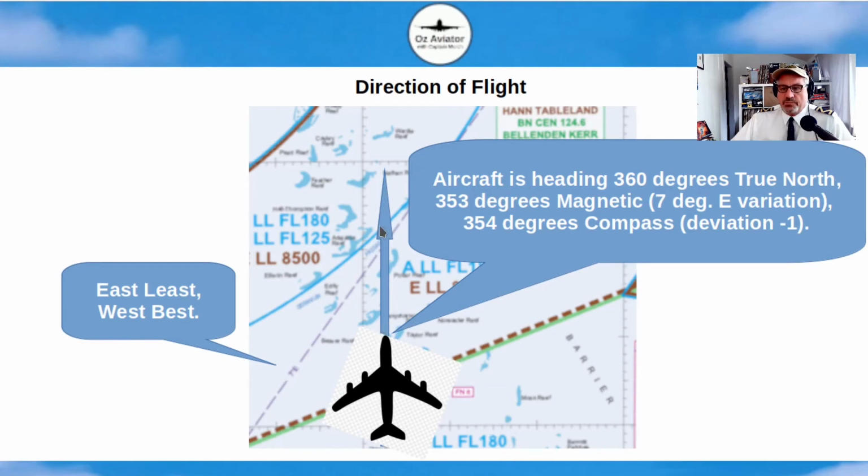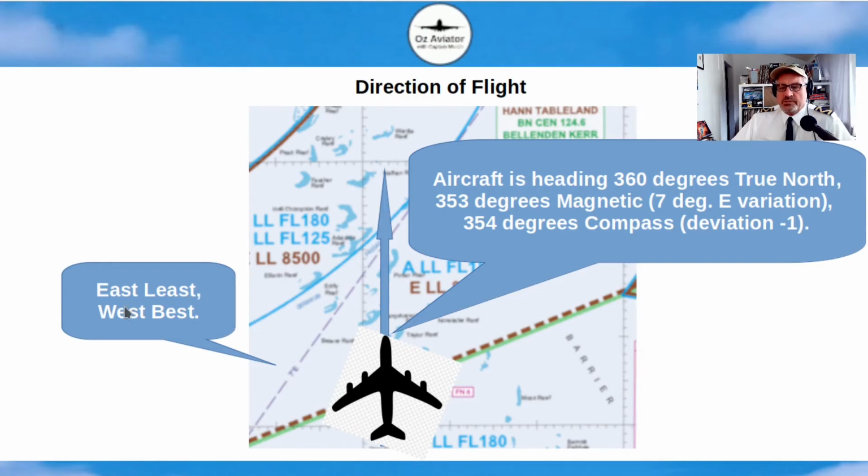So as an example here, your aircraft is heading true north. This is true north, as noted on the map by this meridian of longitude, it's called. So your aircraft is heading true north, but to do that track, the magnetic variation in this part of the Earth is 7 degrees east.